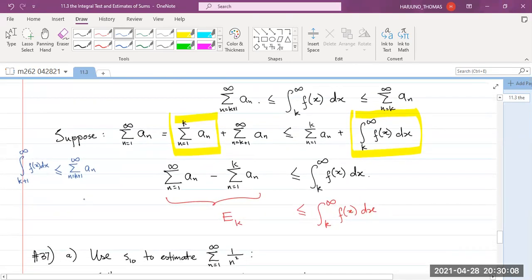In other words, if I squeeze that here, the sum from 1 to k of a sub n plus the sum from k plus 1 to infinity of a sub n, this infinite series here, is bounded below by the kth partial sum plus the integral from k plus 1 to infinity of f(x) dx, and bounded above by the kth partial sum plus the integral from k to infinity.